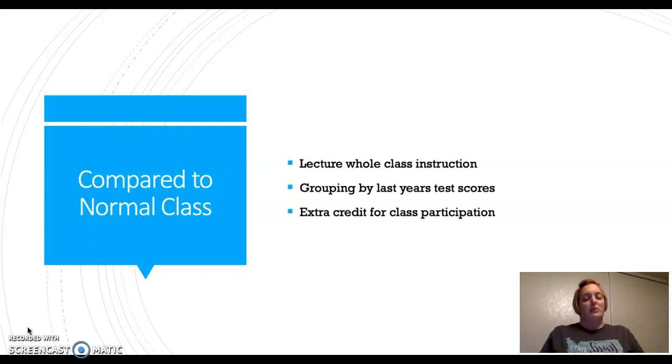So that would cause them to lose out on extra credit, where other students are gaining the extra credit because they know the answer. They're more willing to participate in the class than some of the other students. So that is why we need differentiated learning. And this allows a student to learn at their pace in a classroom that is tailored to their needs.